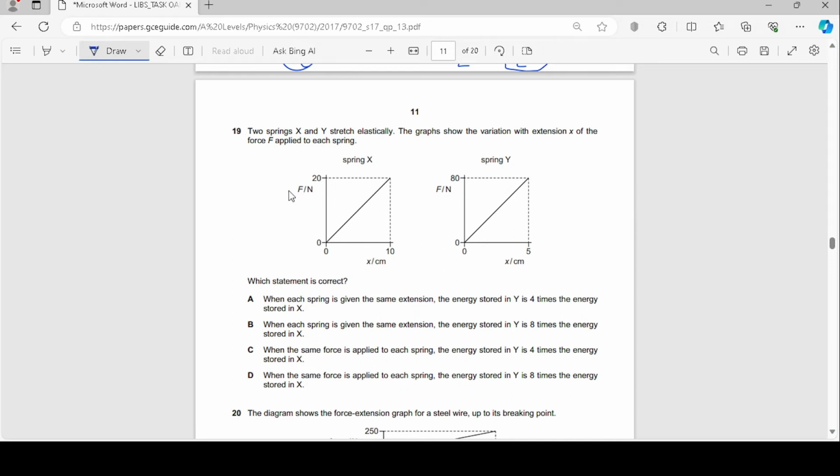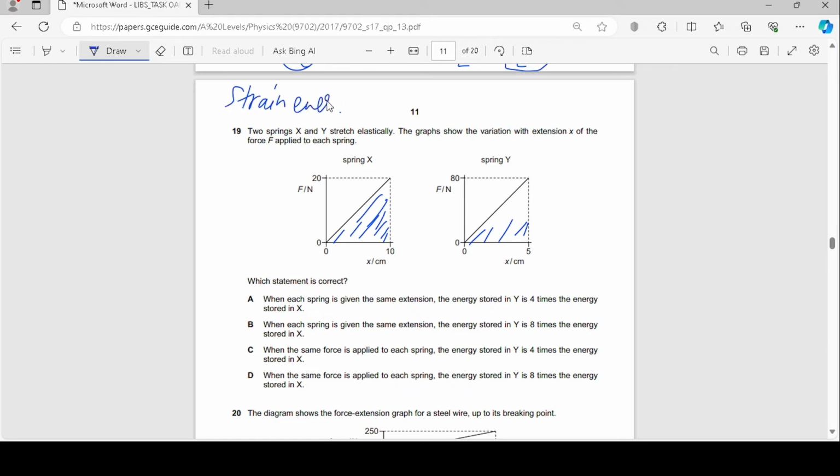So you see this is a graph of the force applied against the extension of each spring, and the area under the curve is actually going to be the work done on the spring. You would also say the energy absorbed, or the strain energy.